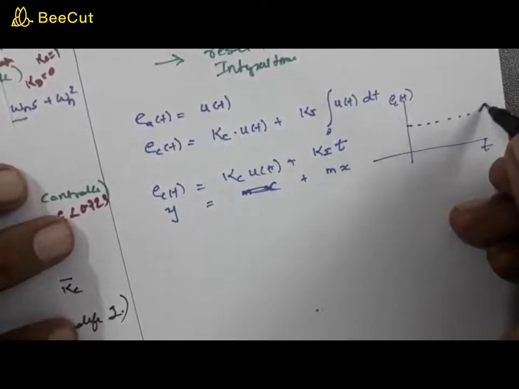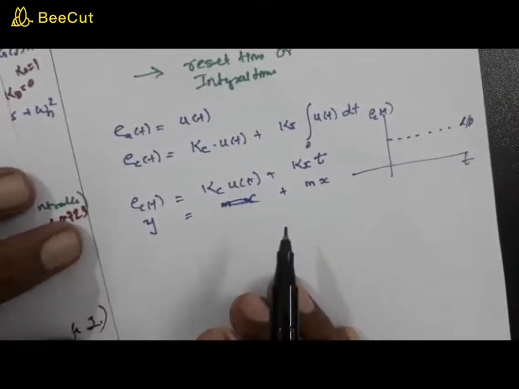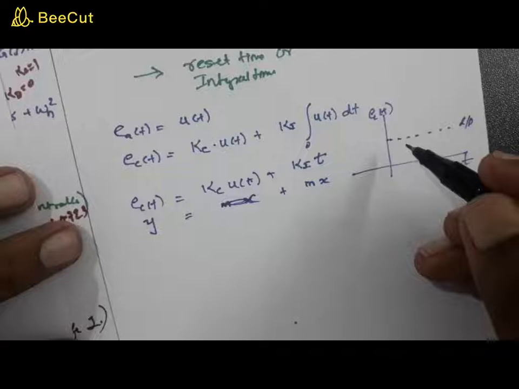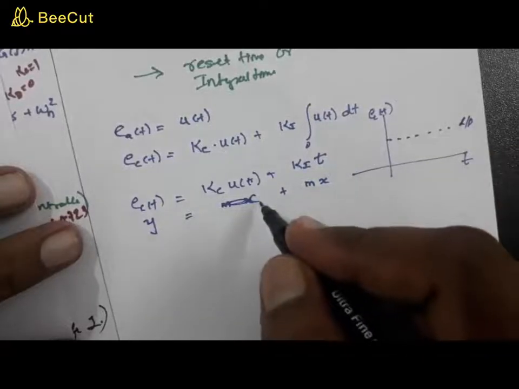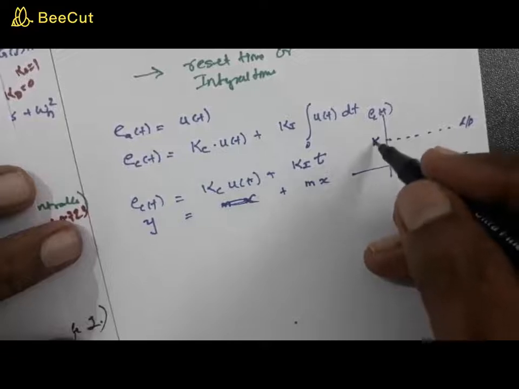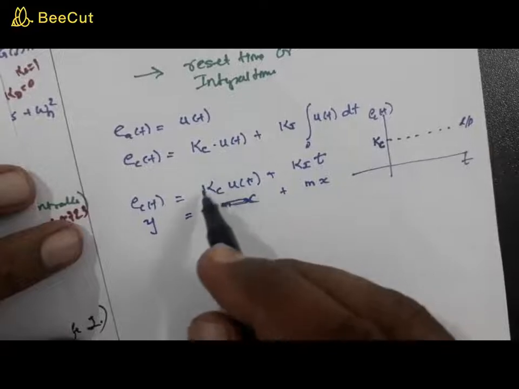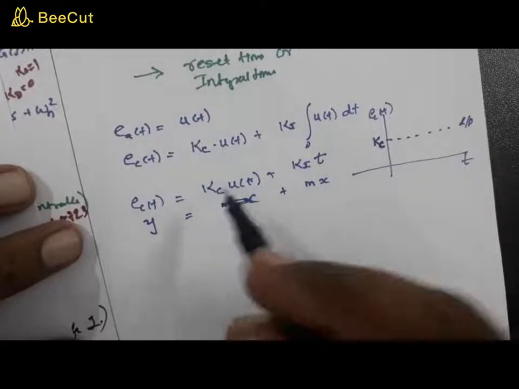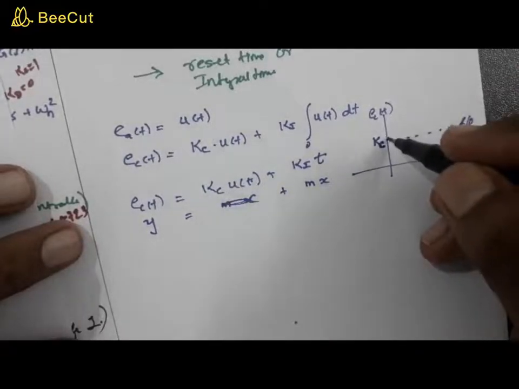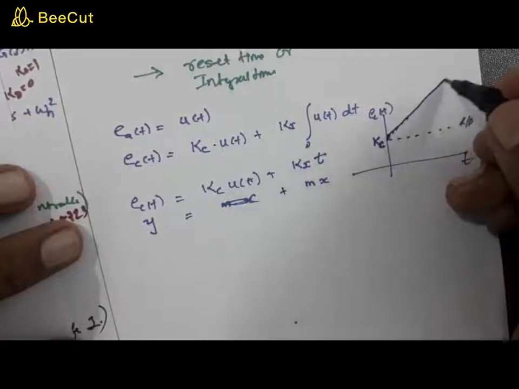This was the input, your Ea of t, but what you are getting is Kc plus an offset. The offset starts at Kc, that is, at t equal to 0 you have a value Kc, and a straight line passes through this Kc. So this is how it goes.